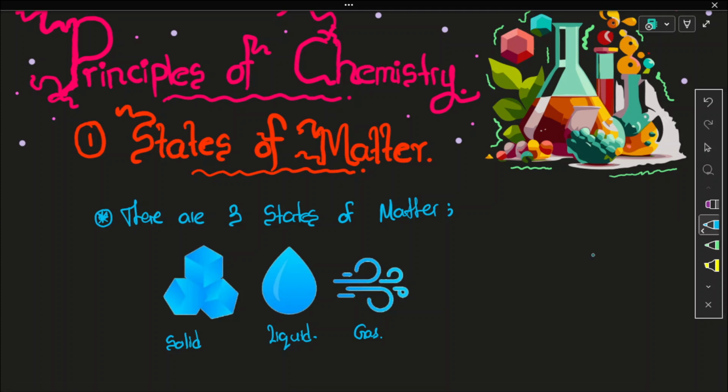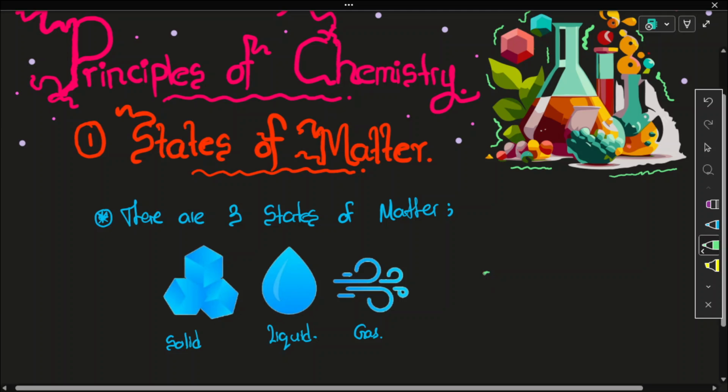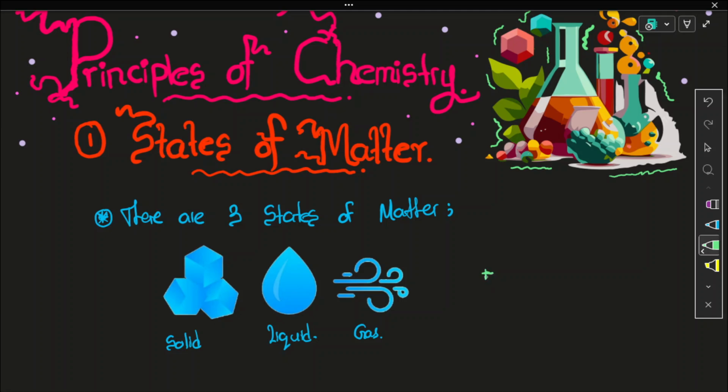Now, actually, I'm going to let you in on a little secret, if you may. You honestly kind of have a fourth state of matter, if you will. You don't really have to know about it at IGCSE levels at all, but I'm just going to tell you for the fun of science. That will be a state known as plasma.